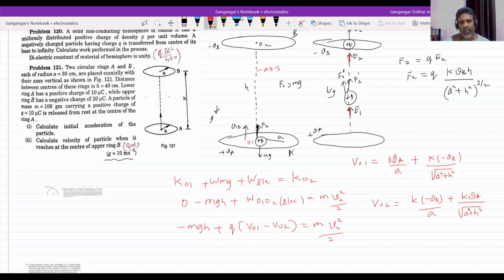The decrease in interaction potential will get converted into increase in kinetic energy of the particle plus increase in gravitational potential. That's what the equation is. So everything in the form of the work energy theorem, we have put it. If you want, you can write conservation of mechanical energy also. I just prefer the work energy theorem because it is applicable for any conservative or non-conservative forces.